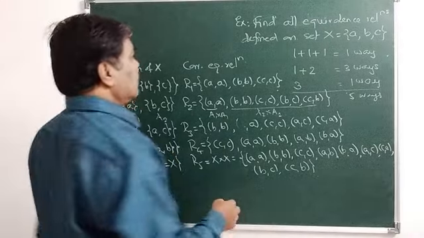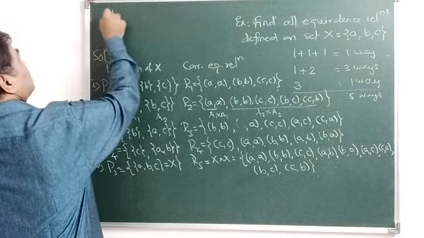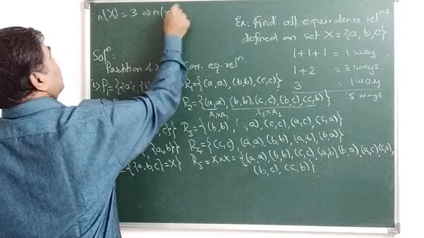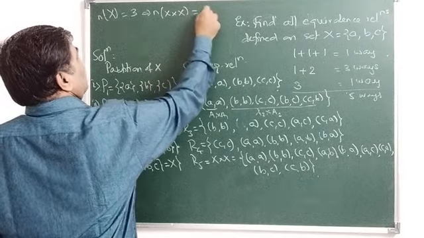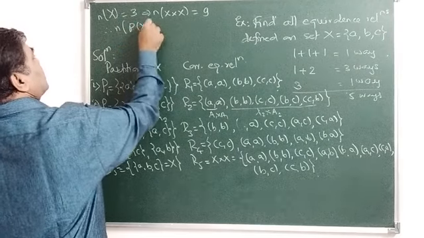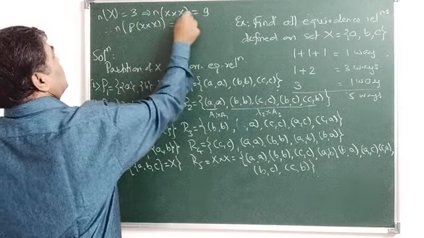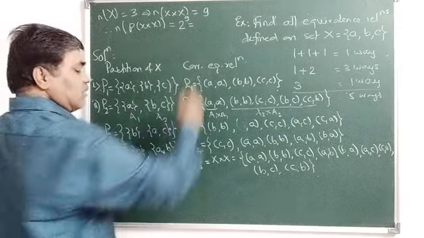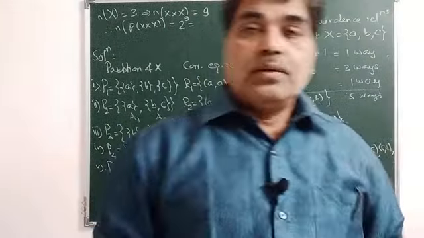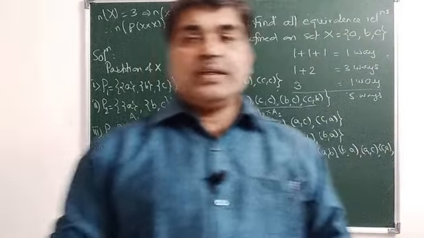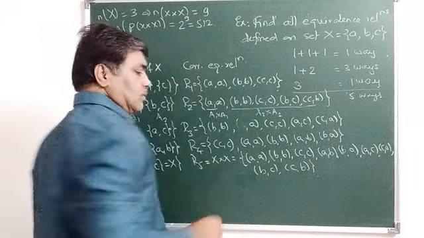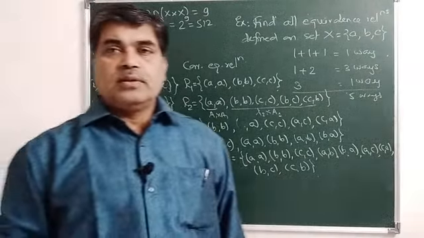How many? Actually, the number of elements in X is equal to 3, which implies the number of elements in X cross X is equal to 9, and therefore the number of elements in the power set of X cross X is equal to 2 raised to 9, and it is nothing but 512. Right? 2 raised to 9.